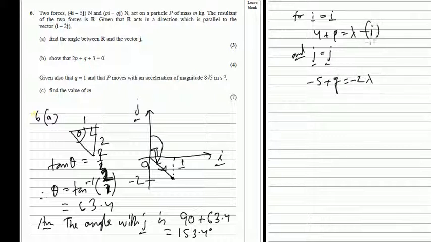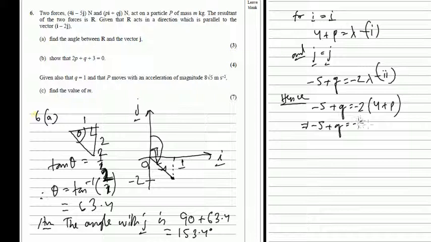If we call this equation 1 and this equation 2, now if you plug in this lambda here, it would be minus 5 plus q equals minus 2 times lambda, and lambda is 4 plus p, so minus 5 plus q equals minus 8 minus 2p. Let's bring this minus 2p on this side, it would be 2p plus q, and this would be 8 minus 5, plus 3 equals 0. Done. The expression has been shown.